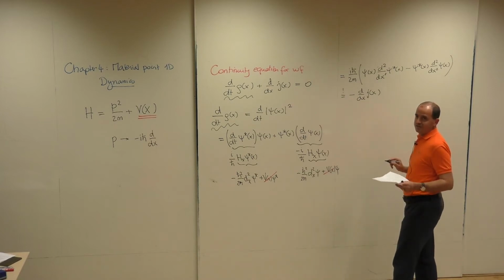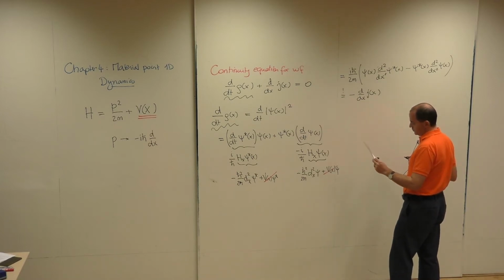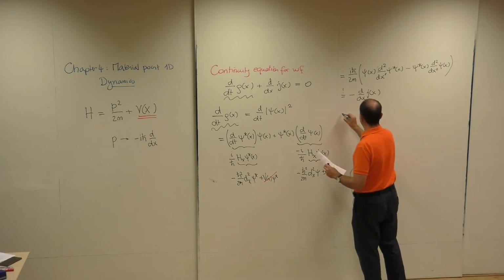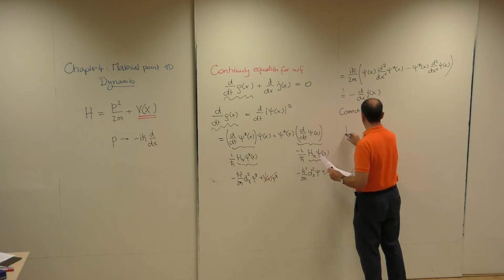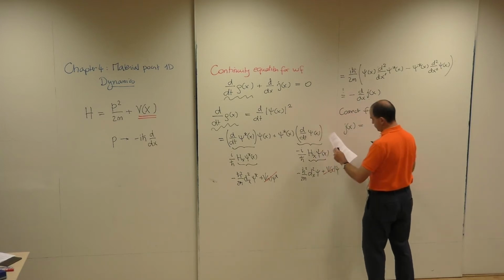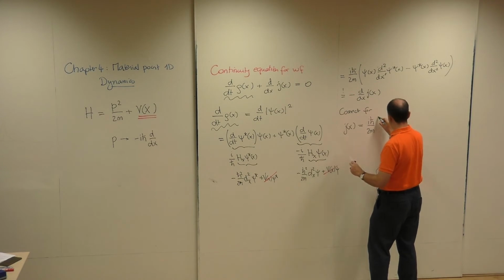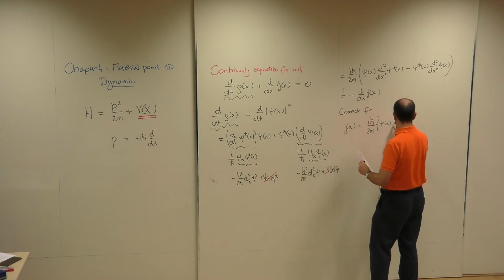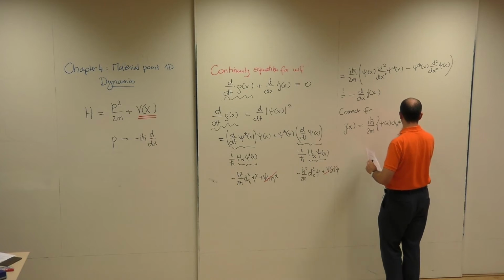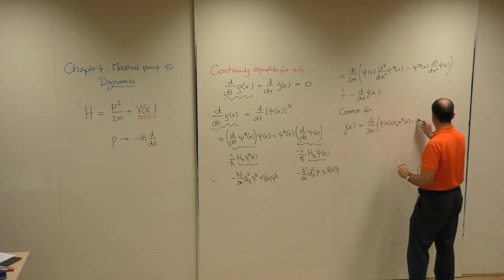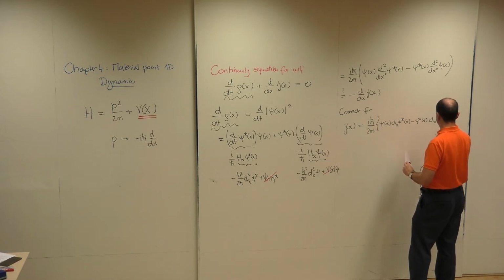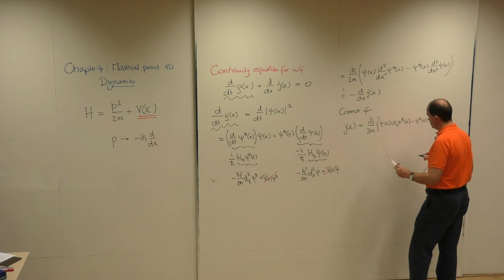You can check rather easily that this is the case for the following expression, j of x equal to, I never remember this one by heart, so you're forgiven also if you don't remember it by heart: psi of x d x psi star minus psi star of x d x psi of x. Okay?